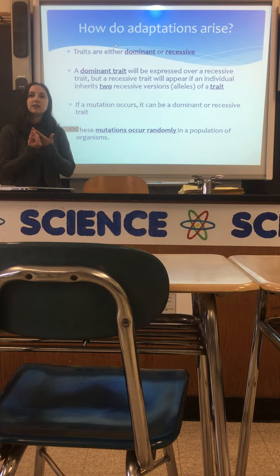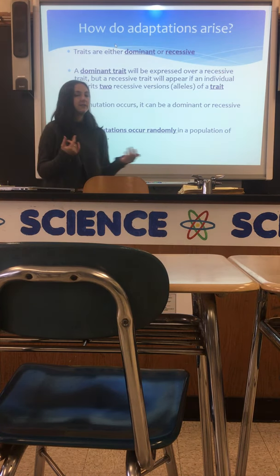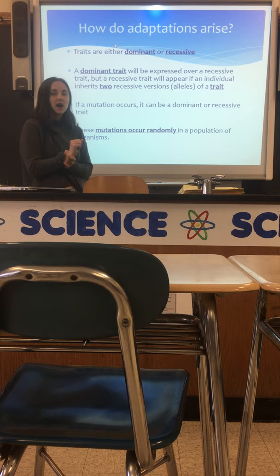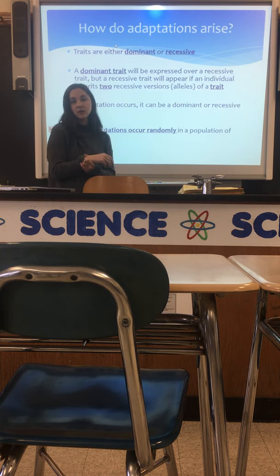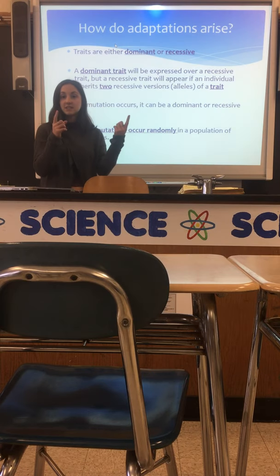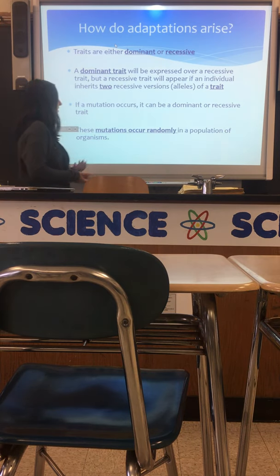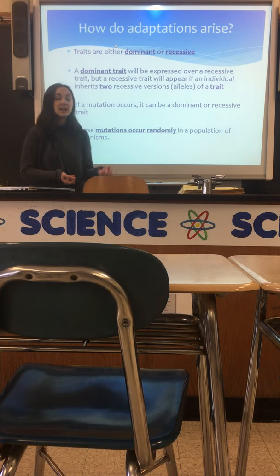You will have blue eyes if both of your parents have blue eyes. There are a lot of different examples in the environment too. Fur color, for instance: not every fur color is dominant. There might be a recessive fur color, and if you inherit 2 recessive genes for a particular fur color, then you will express the recessive trait. If a mutation occurs, though, it could be dominant or it could be recessive.